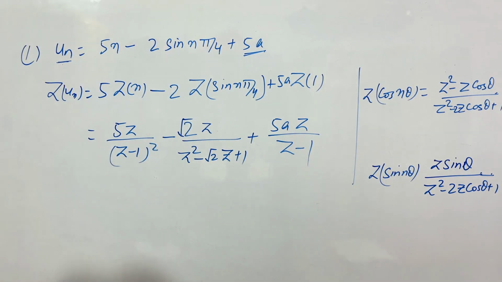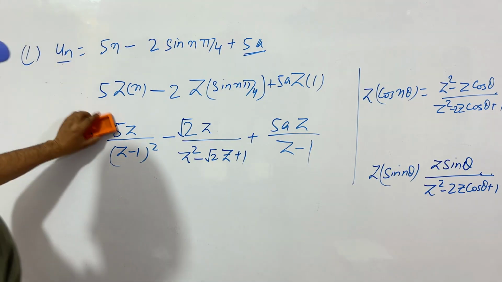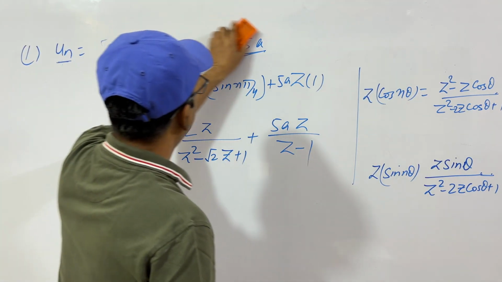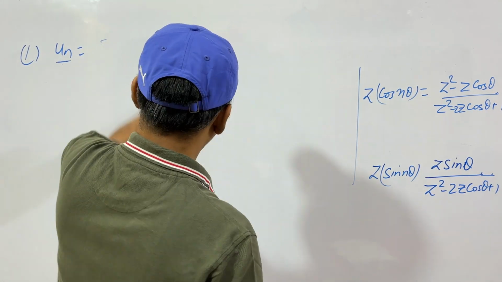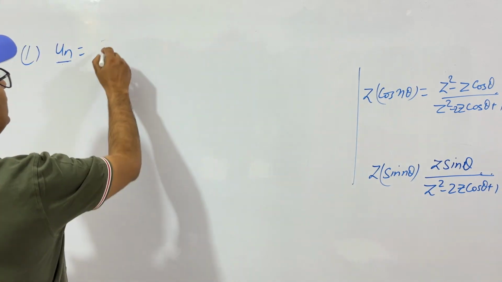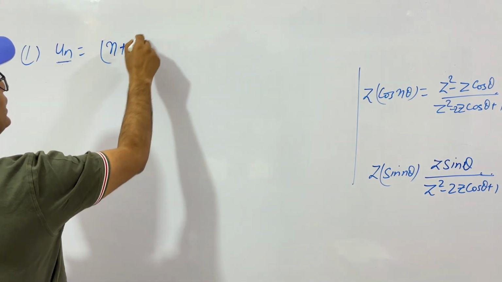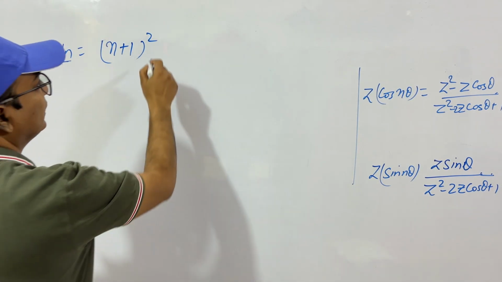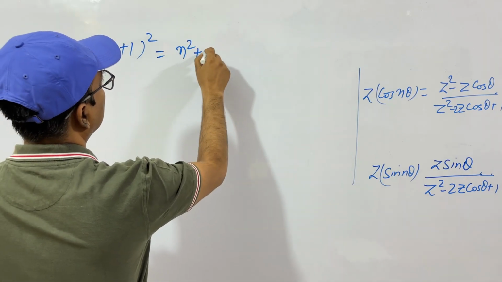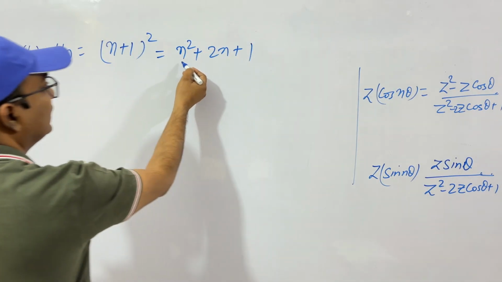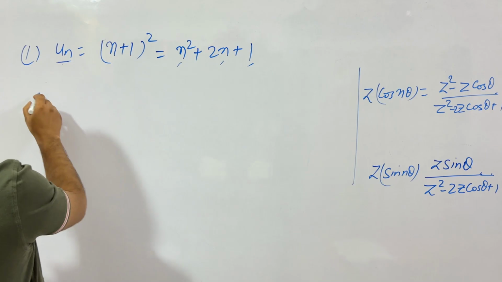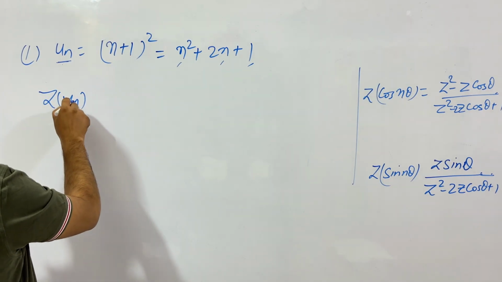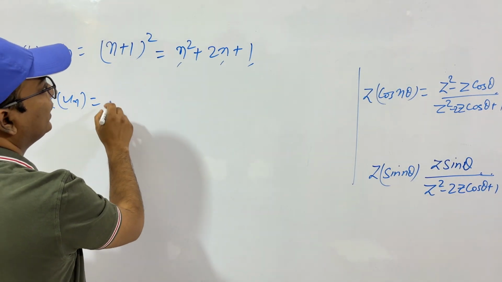Okay. Now second, let's say our u n is (n plus 1) square. How to find it? Very simple. This is n square plus 2n plus 1, and you know the z transform of each of these. So the z transform of this function now becomes z transform of n square.